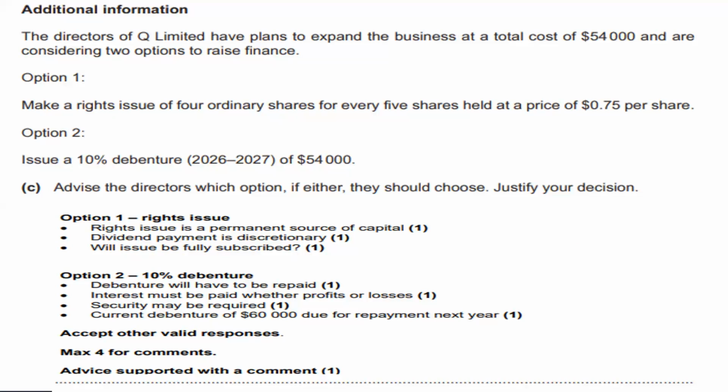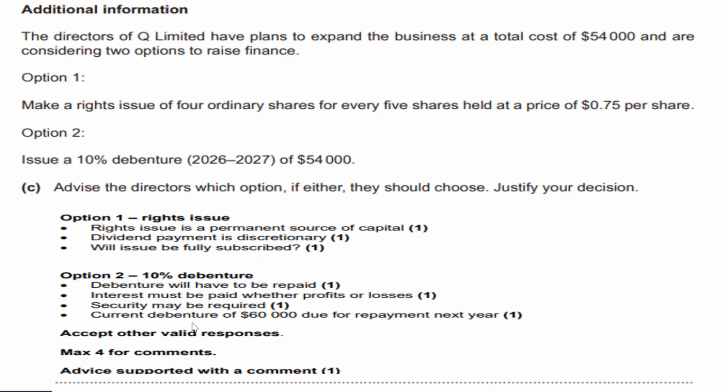Rights issue is a permanent source of capital. Dividend payment is discretionary. A rights issue is an issue of equity shares, and equity shares do not get dividend when there are no profits, so dividend can be paid or not paid.